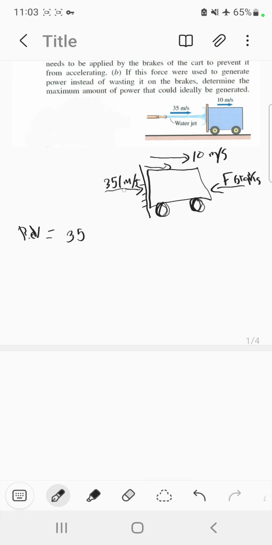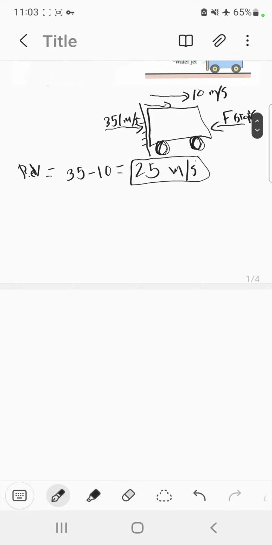So we know 35 is lost because of hitting this, and we are having 10 meter per second. So how much is lost in velocity? We know 35 minus 10 equals 25 meter per second. So this is our relative velocity.